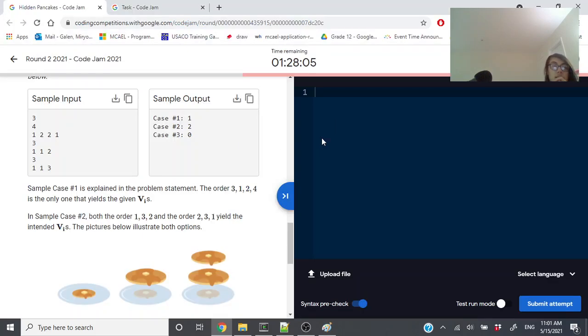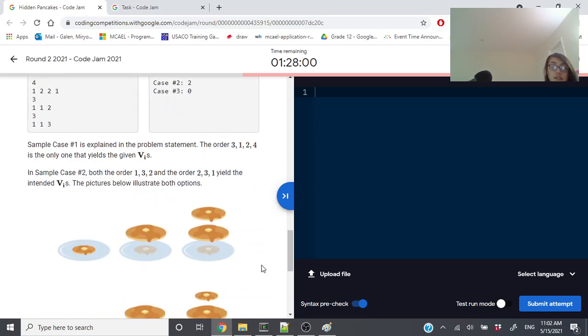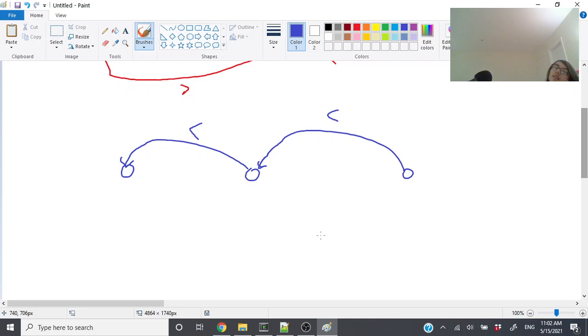So the problem is we can't add these edges naively because n is up to 10 to the 5th, so that's not going to pass. But even if we could, what would we do about this? Permutations are hard.